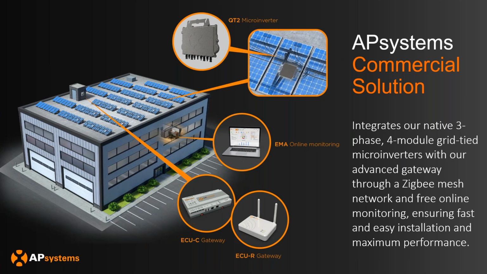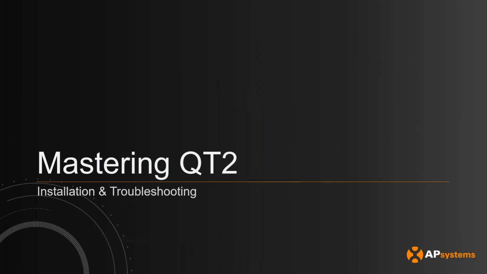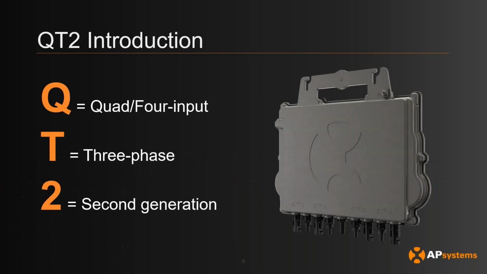So the architecture, once again, is very similar from the residential microinverter solutions versus the commercial one. So in any case, that's going to be the main topic of today's webinar, which is going to be how to master the QT2. So first, let's talk about what the QT2 is.